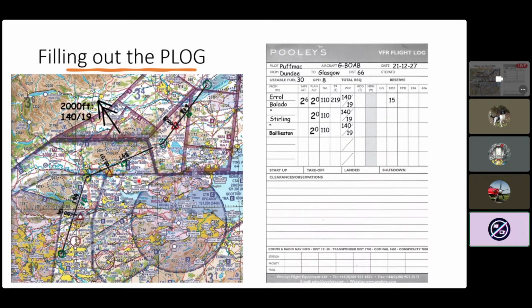Safe altitude. I'm trying to find it in the box. Alright, same for 3,400 plus 5, so 3,900? Yep. And what about the track and the distance? Is that what you wrote there, the 248?